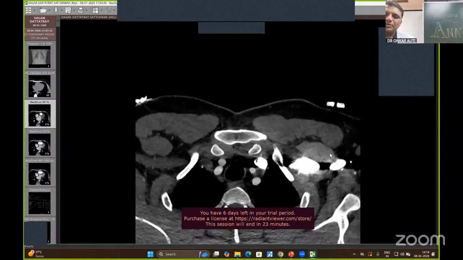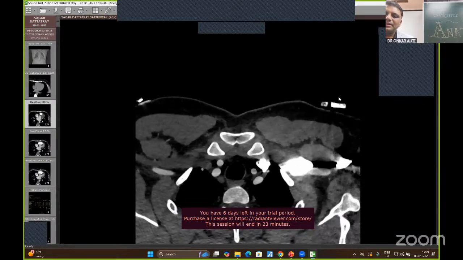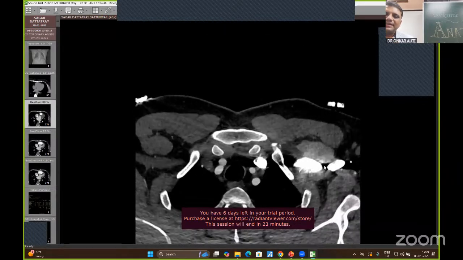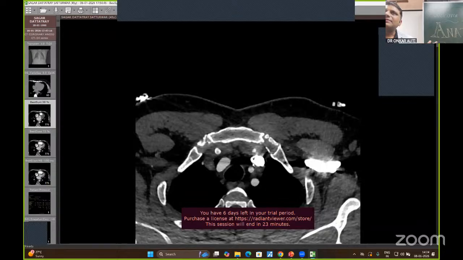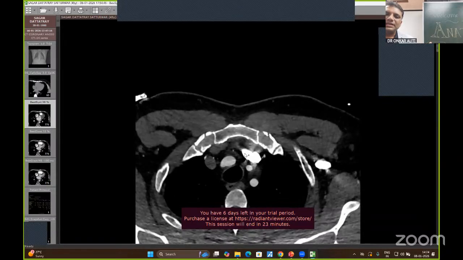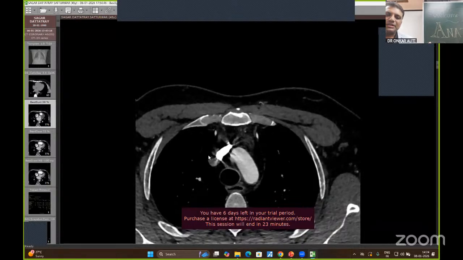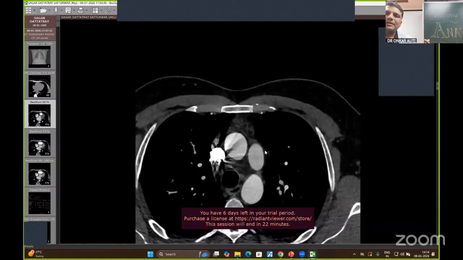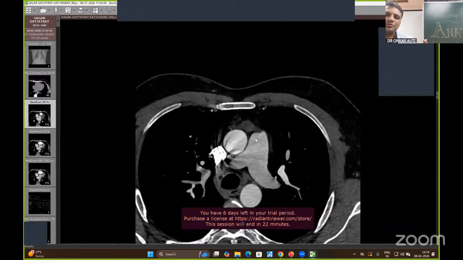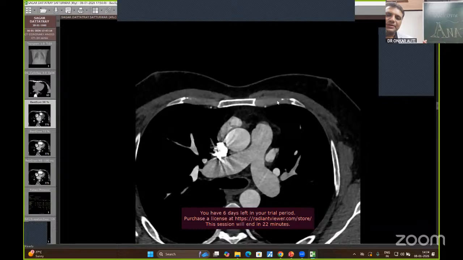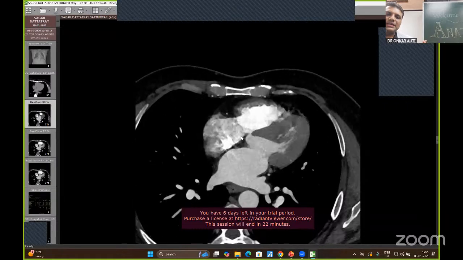From the antecubital vein, it will go into the cephalic and then subclavian vein, right? From the subclavian vein, it goes into the left brachiocephalic vein. So you are seeing here anteriorly the left brachiocephalic vein, which joins together with the other side, the right brachiocephalic vein, to form the SVC, the superior vena cava. This is your superior vena cava that drains into the right atrium.